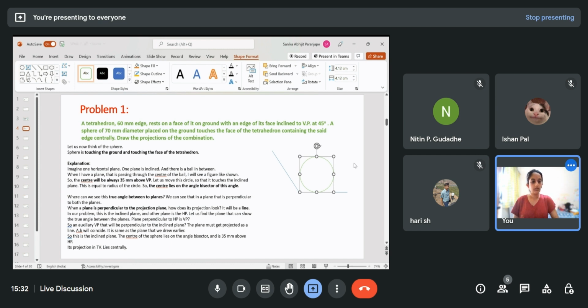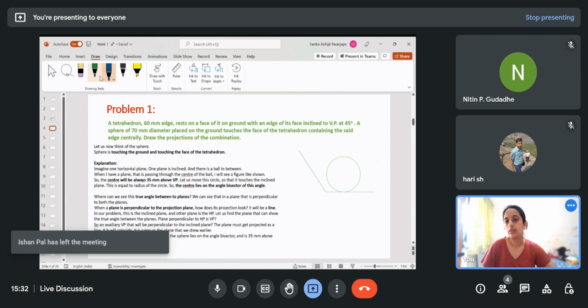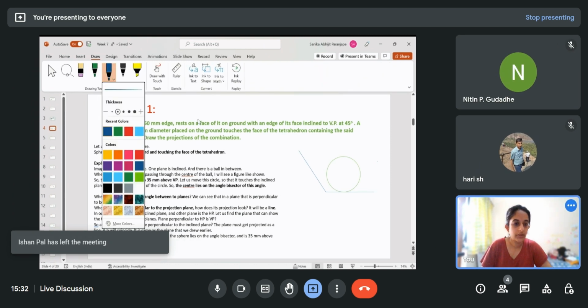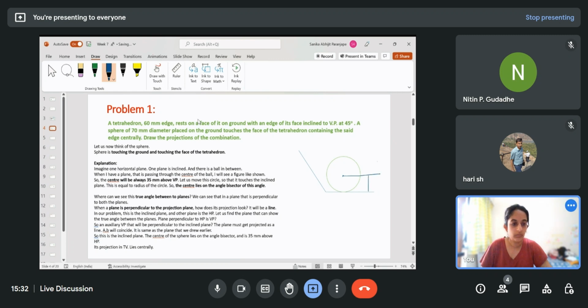So here you should note that at any time, in any case, the center of the sphere will always be 35 mm from the ground. Why? Because they have given diameter as 70 mm, so radius is 35 mm.